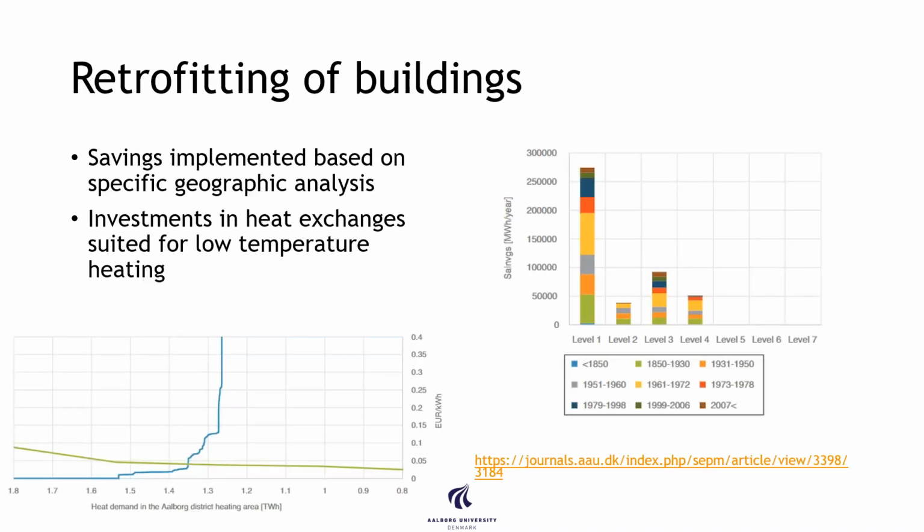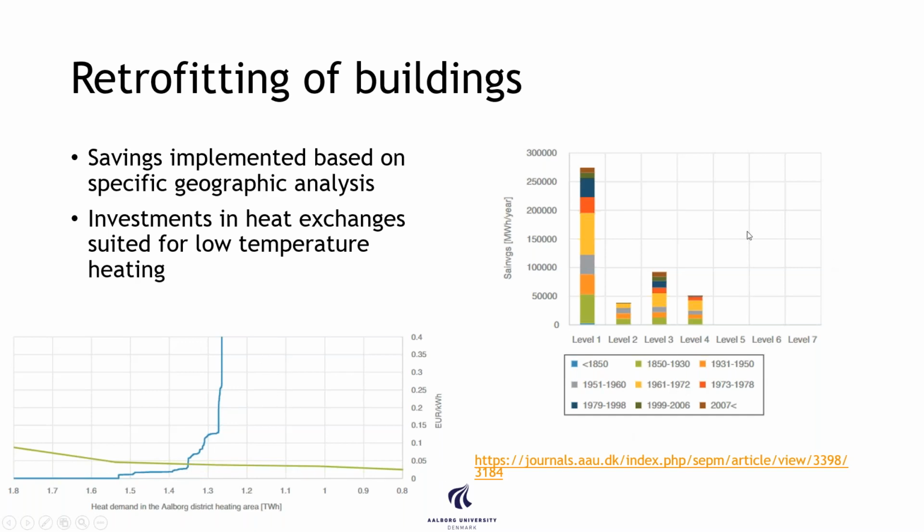So when we looked at retrofitting the buildings, we made a specific analysis showing that there is a cost optimum between supply, which is the green line, and savings, which is the blue line here, where you can find a certain energy level in the district heating area where it makes sense to do savings too, else it becomes too expensive.